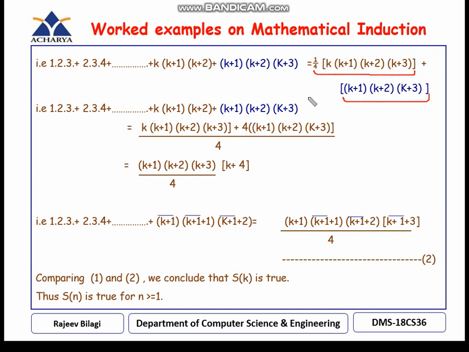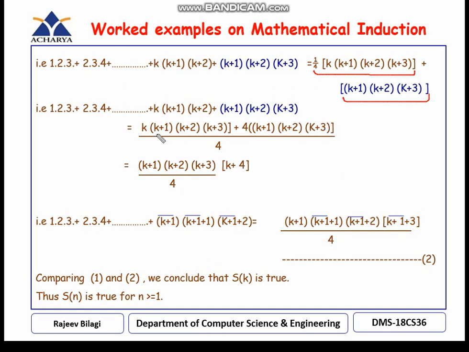So 1 divided by 4, 4 is LCM, so k into bracket k plus 1, k plus 2, k plus 3 plus 4 into bracket k plus 1, k plus 2, k plus 3.